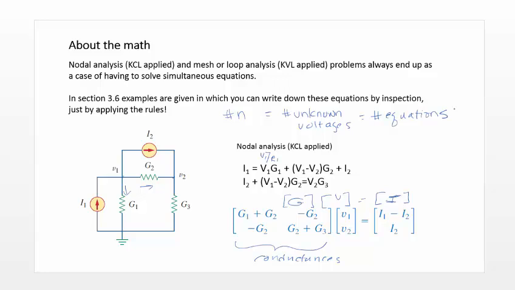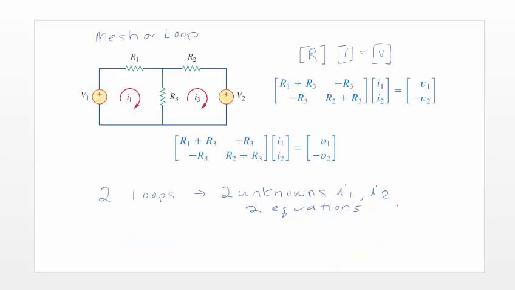Nodal analysis will always be in the form of a G matrix with an unknown voltage vector equals your known currents. Mesh or loop analysis is always going to be in the form of a resistance matrix, my unknown currents, and my known voltages. So in either case, it's always a bunch of equations and a bunch of unknowns, 5 equations, 5 unknowns.